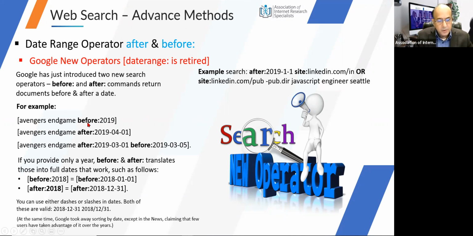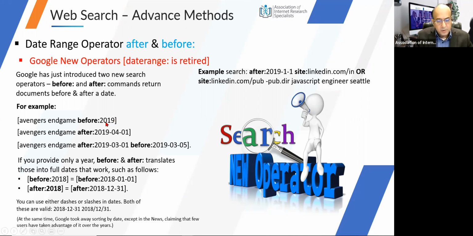I'm just going to write before with the colon and 2019 simply, and not have to give the entire date, including day and month. At the same time, I can also put before the entire date with the exact day and month if I know it, and it will still work the same, except that it is more accurate.